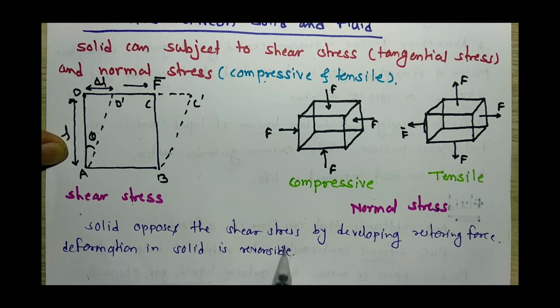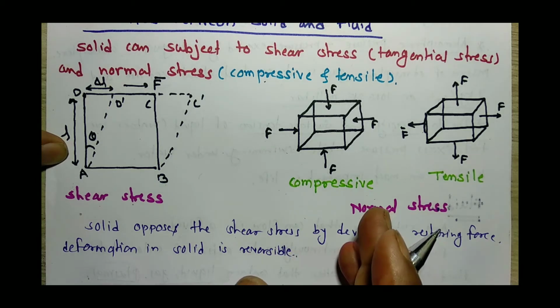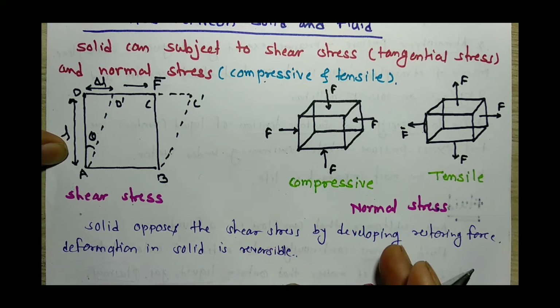When we apply the shearing stress, there will be a change in the solid, and when we remove that shear stress, the deformation inside the solid is reversed, and the substance gets its original dimension. This is the consideration related to a solid when we apply shear stress.